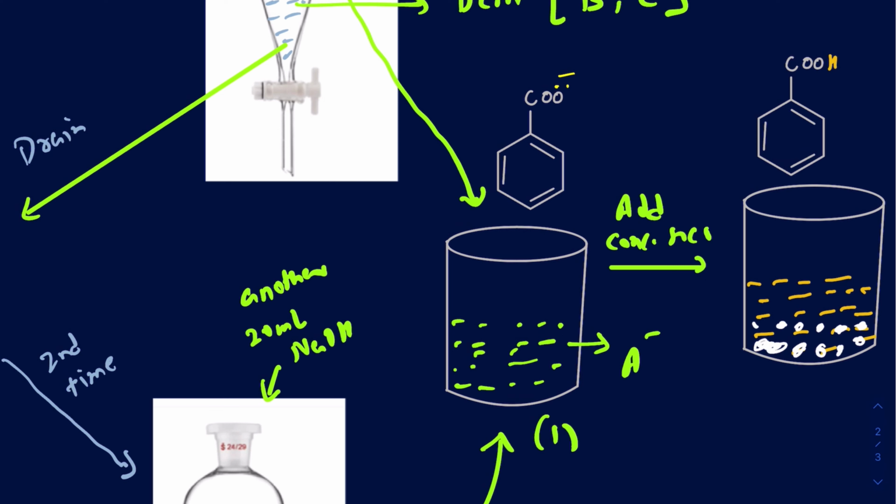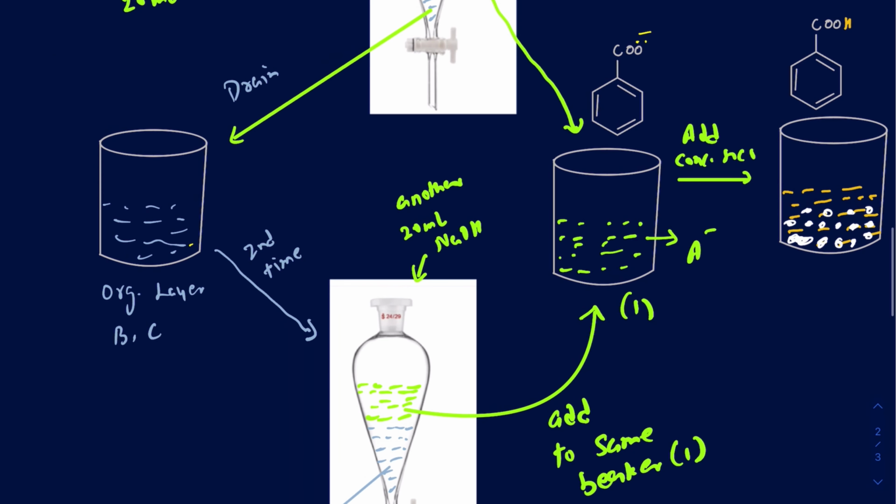So once it has been precipitated out in the water, you want to go ahead and filter this. So once you have filtered this, you're going to get your solid on the filter paper and want to go ahead and dry it, and that's going to be your crude. And eventually you want to go ahead and recrystallize.